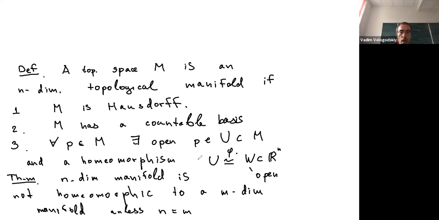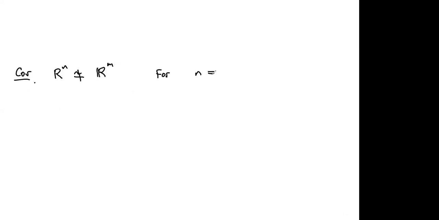Really the assertion is that an open subset of Rn cannot be homeomorphic to an open subset of Rm unless n is equal to m. That's the assertion. So in particular, it means that Rn is not homeomorphic to Rm for n not equal to m.